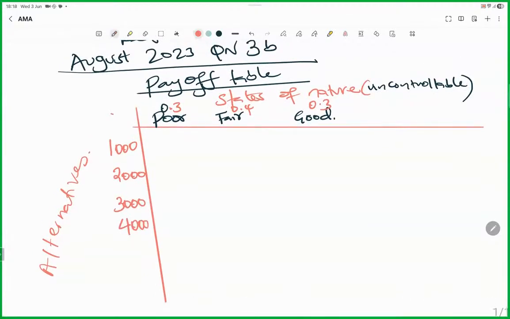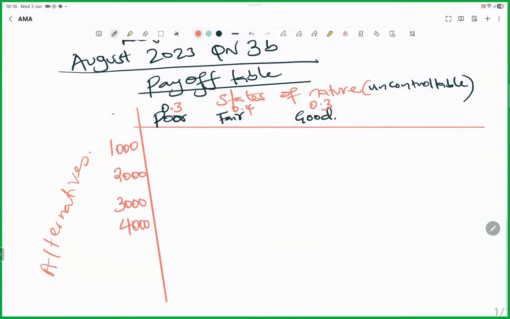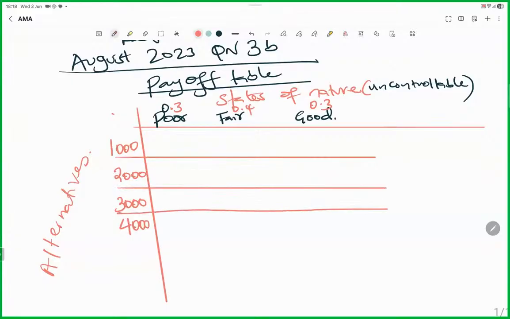You copy them the way they are. You must always have very nice, neat tables.